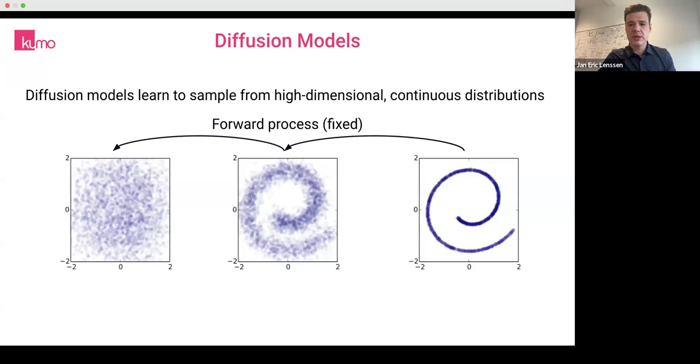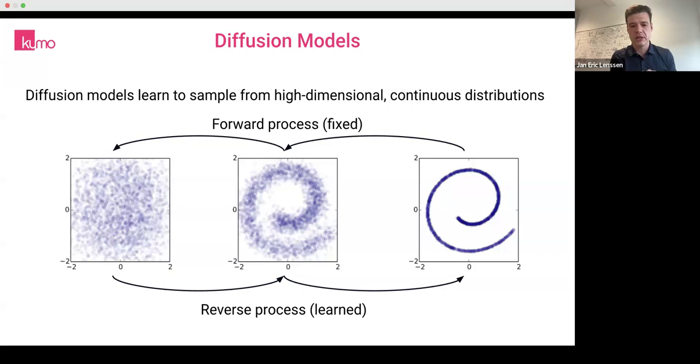So essentially what they do is they take a data distribution like here shown on the right, and then they iteratively apply a forward process which transforms this data distribution into a Gaussian distribution. And then in the second stage, they take a neural network and train this neural network to reverse this process. And as soon as you have trained the neural network to do that, you can just sample from a standard Gaussian distribution, apply your reverse process, and that way sample from your original distribution.